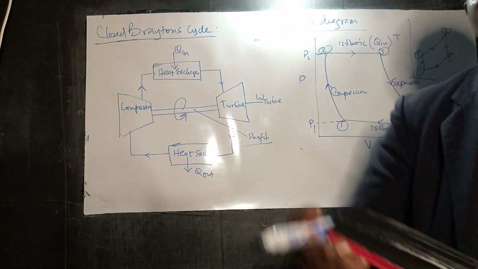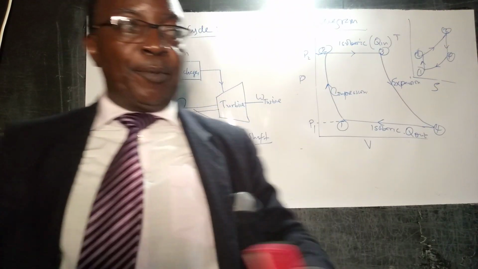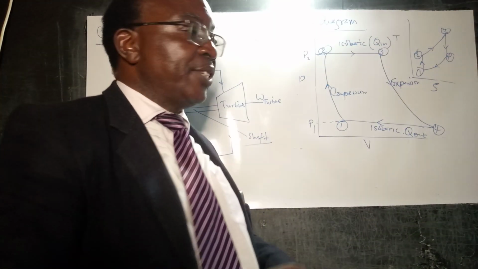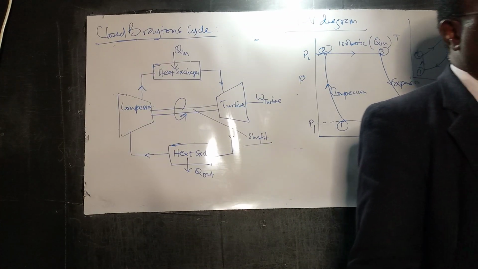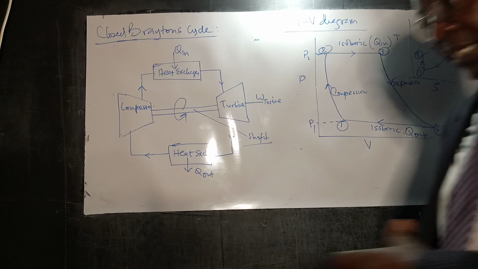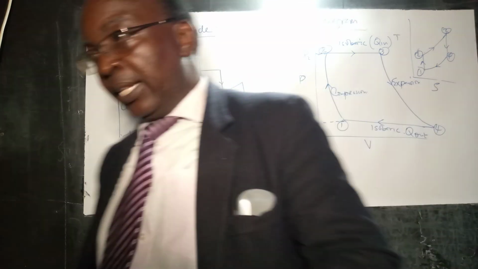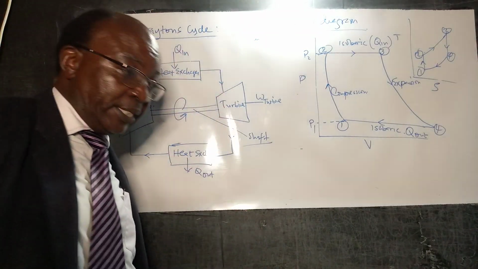So if there's a closed Brayton cycle, don't confuse it with the normal terminology of closed systems in thermodynamics, where we talk of a closed system as not allowing transfer of matter between system and the surroundings. That's now an amorphous definition when you come to dealing with cycles.